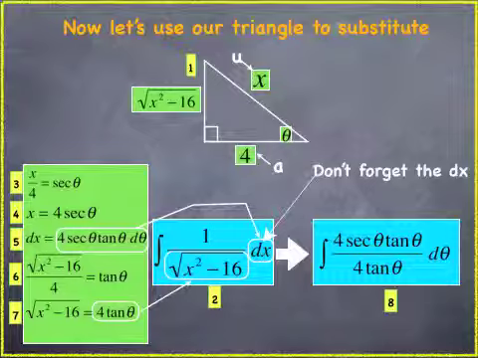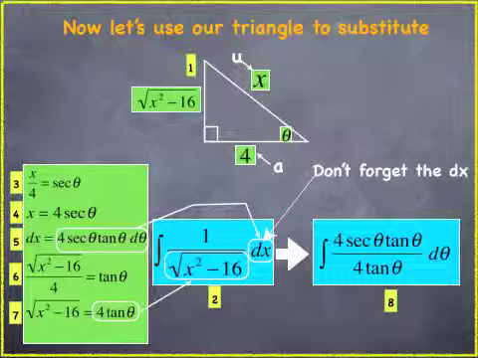So we take the derivative of both sides of the equation in item 4, and that yields what we have in item 5. dx equals 4 secant of theta tangent of theta d theta, because that's the derivative of secant. And then we have a replacement for the dx in our original integral.